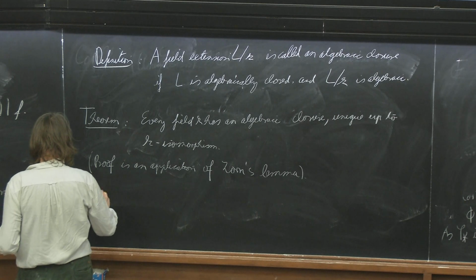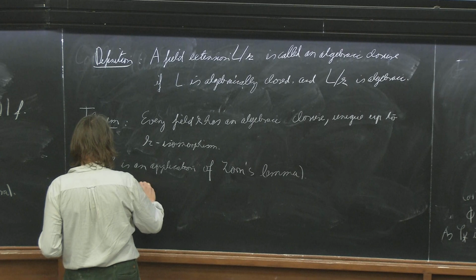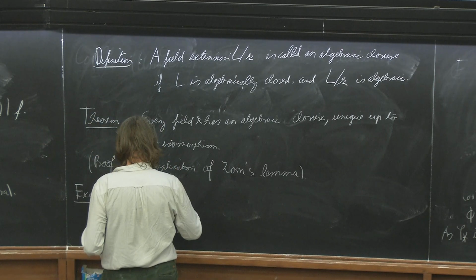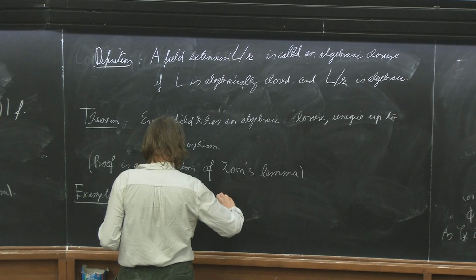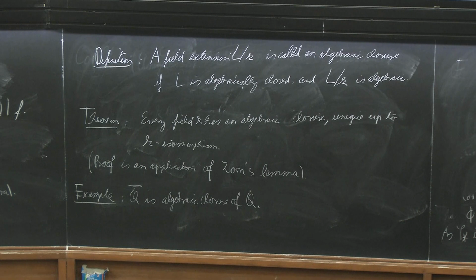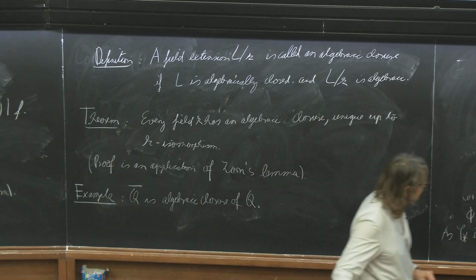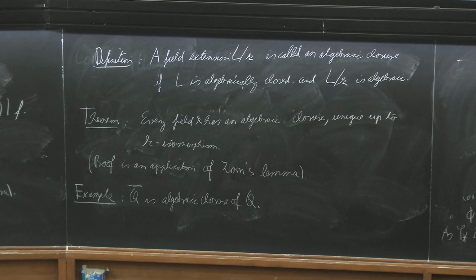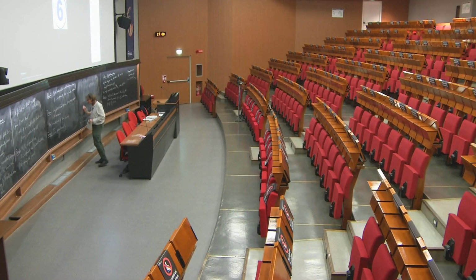This is Q bar, the algebraic closure of Q. That follows: we know that Q bar is algebraic over Q by definition, and I have claimed here it's algebraically closed, and that means it is an algebraic closure of Q. Okay, so much for this.